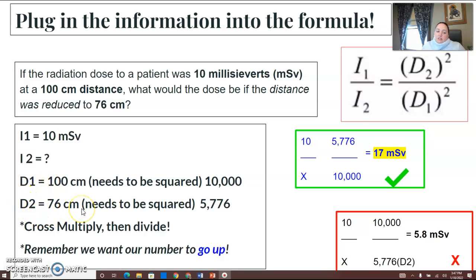Distance 2 is 76, and that also needs to be squared. So if you plug it into your formula over here, I1 over I2, D2 over D1, these are both squared, then simply cross multiply and divide, and you're going to get your answer. If you put your numbers in the formula wrong, your number goes in the wrong direction. Okay?